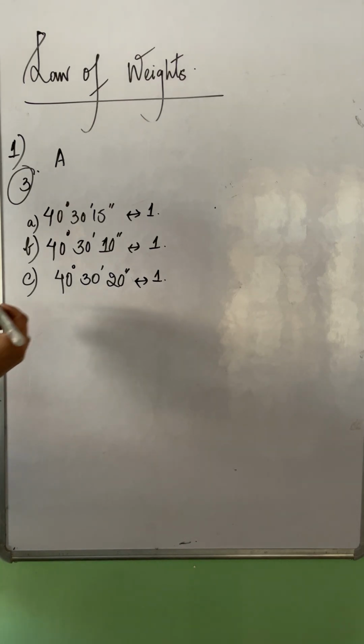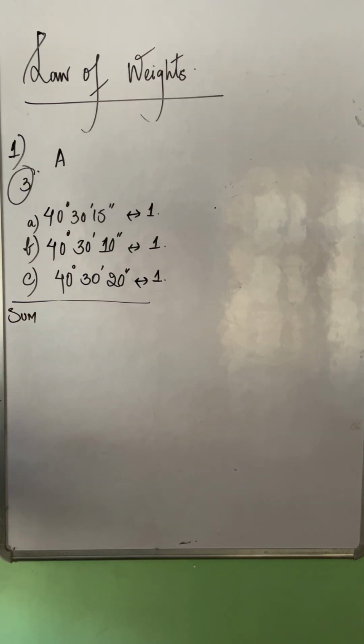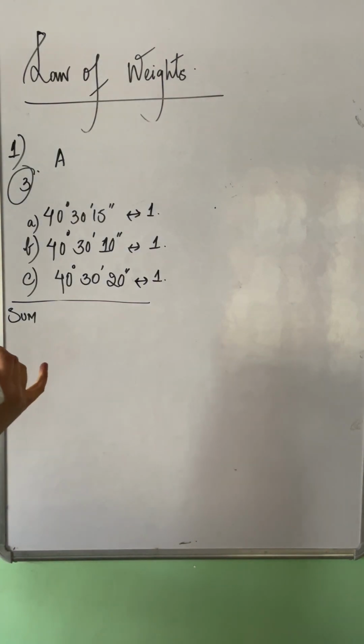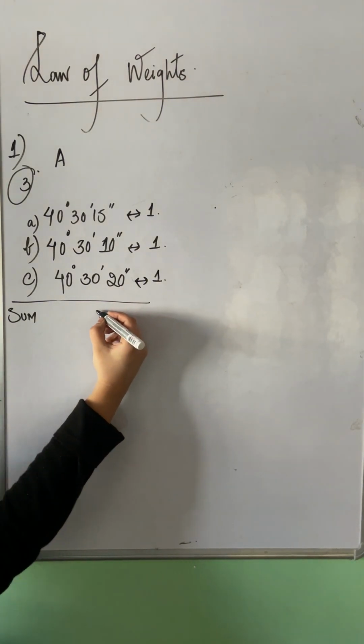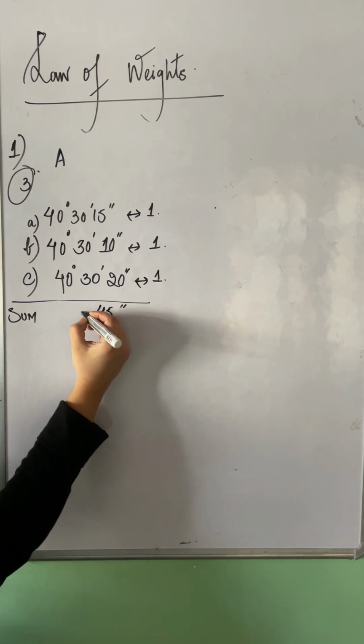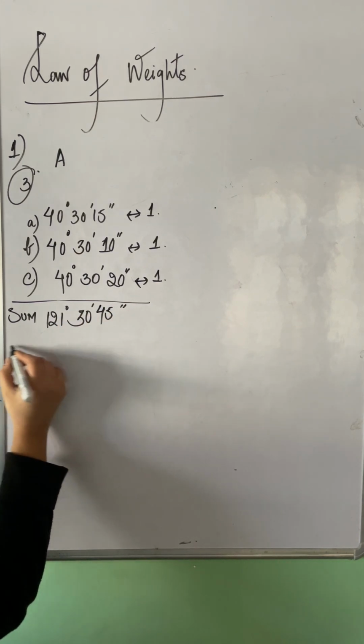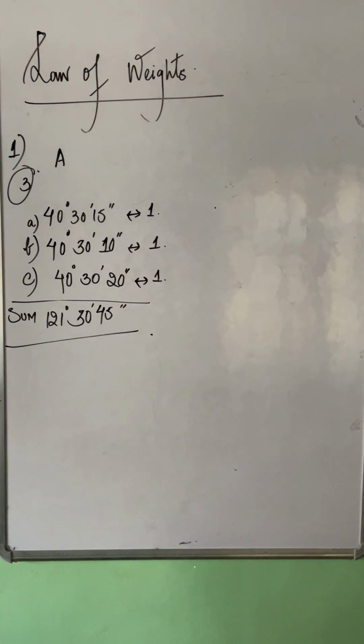Now the sum. This is how much? 45 seconds, 30 minutes, and 121 degrees. And what is the arithmetic mean?